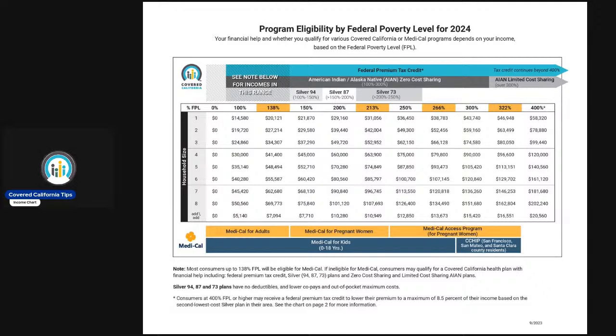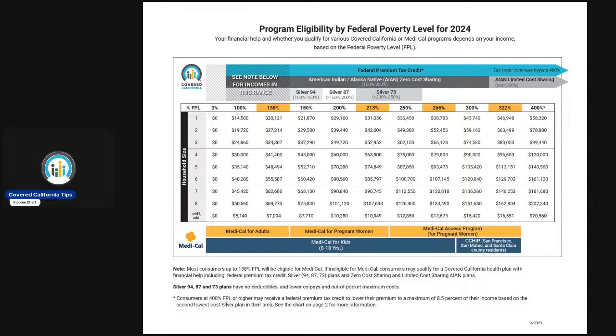As you can see right next to it, where my mouse is now at $21,870, you then qualify for a Silver 94 plan. Extremely low monthly premium and low out-of-pocket costs. There are some other areas in the plan where you may have to pay a little bit more, but your out-of-pocket monthly is going to be extremely low.